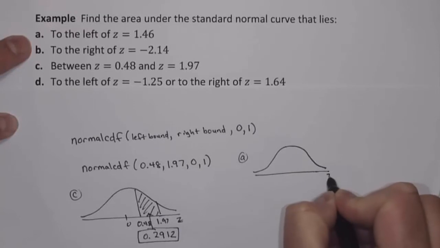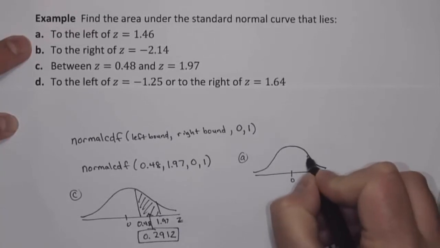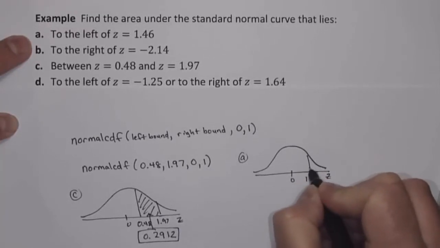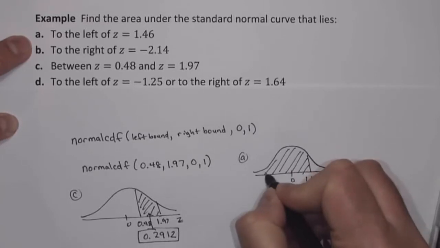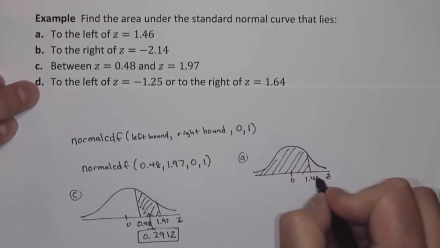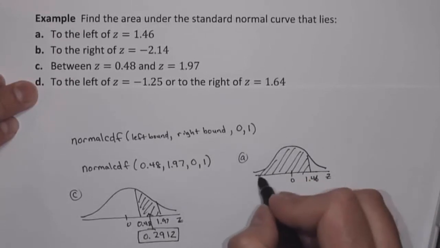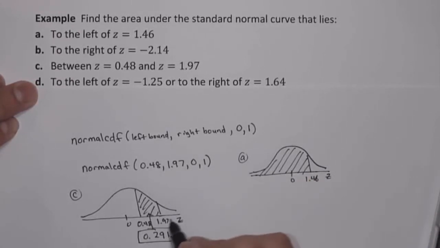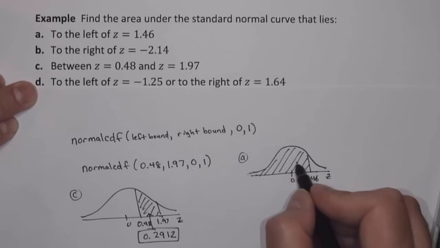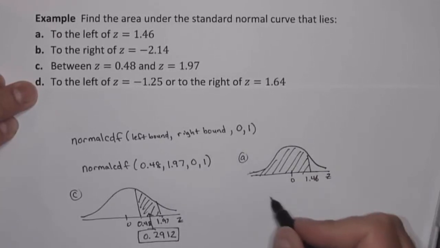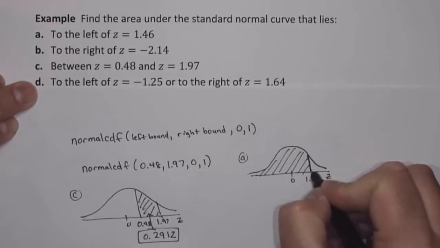So picture-wise, here is 1.46, and we're looking for this area. Okay? Well, the trouble is that I don't have a left bound. You know, like over here with the 0.48, that was a left bound, 1.97 was a right bound. Here I don't really have a left bound. That area goes forever to the left. I only have a right bound.